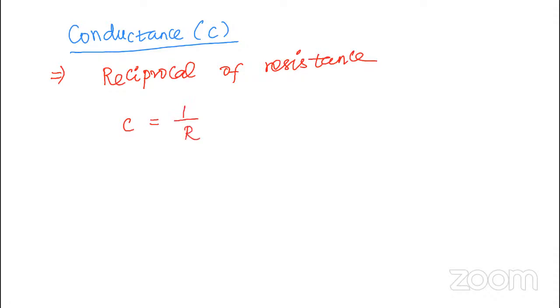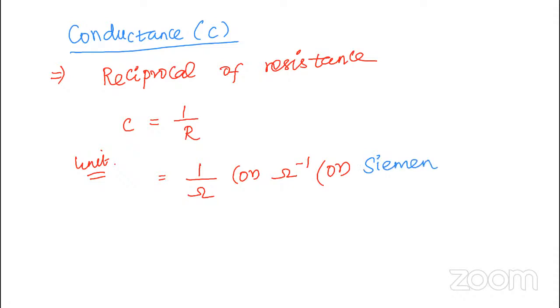The unit of R should be ohms. So for conductance, the unit we write is 1 by ohm, or ohm inverse, and for ohm inverse we write one more name, that is Siemens.